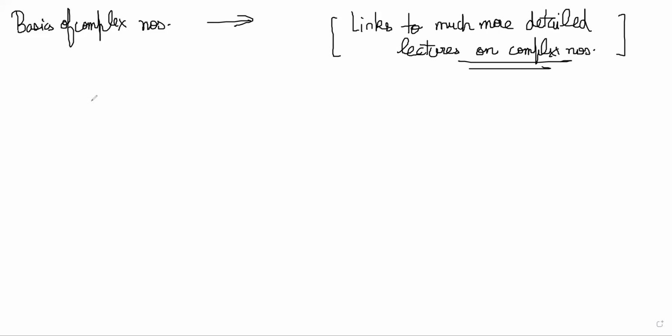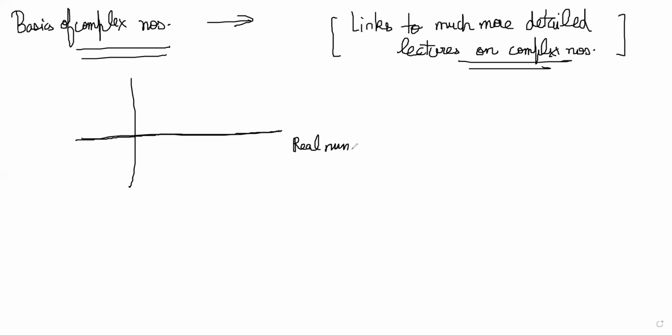What I will cover here is what complex numbers are. You have real numbers which are plotted on the real number line. Every real number can be put on this number line. You start from 0 and go this side for positive real numbers, and the other side for negative real numbers. So the real number line is a one-dimensional representation of numbers.